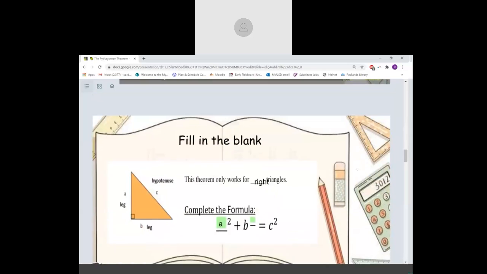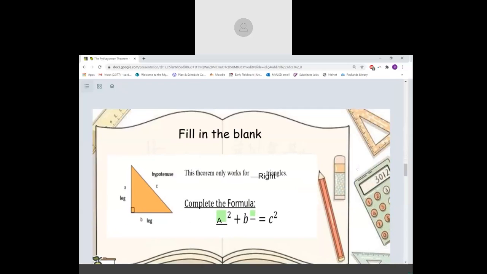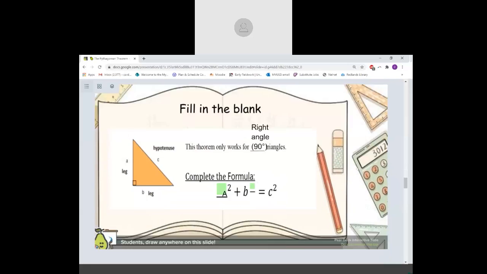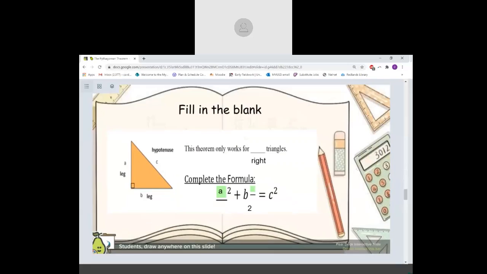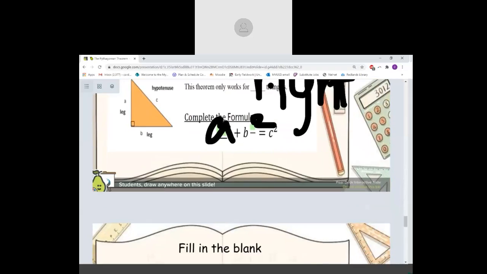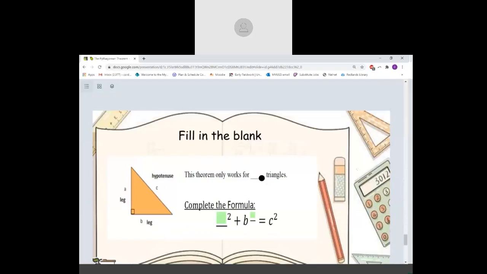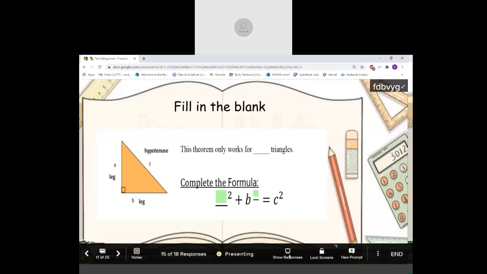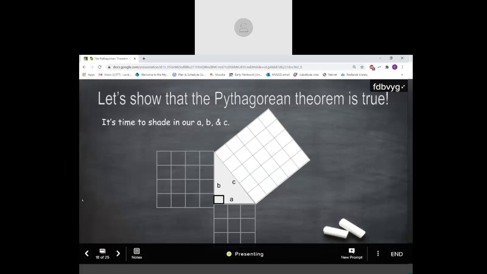Awesome. You guys are doing great. 90-degree triangles, that's the same thing. Good job. Perfect. So it looks like everybody knows that it only works for right triangles, and we know our formula. So make sure you wrote that in your notebook as well. Yes, we want to make sure you guys have that for later.